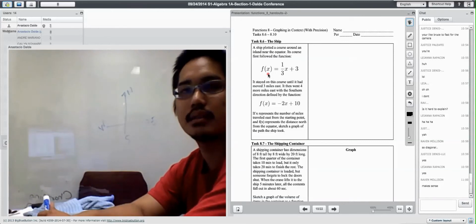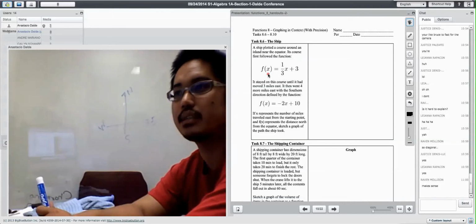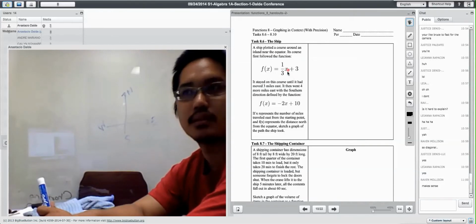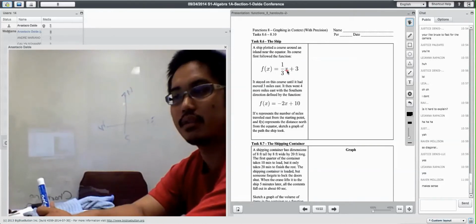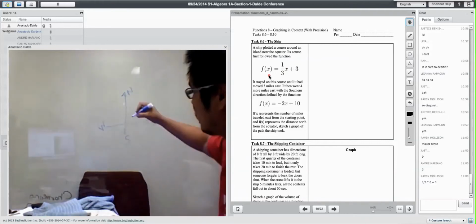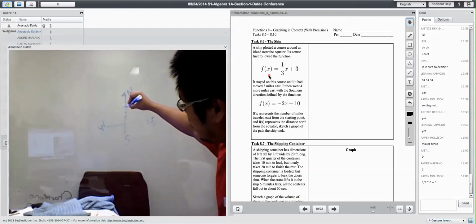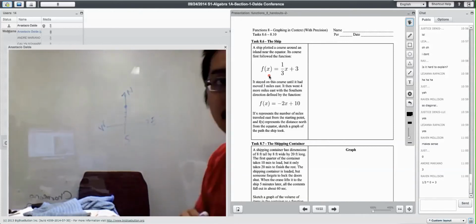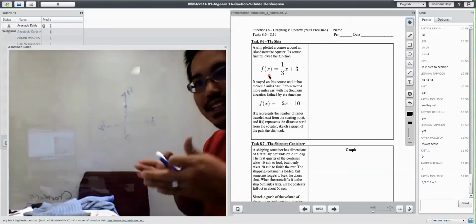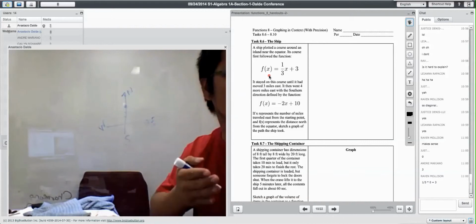At x equals 0, what is f of x? Well, if you plug in a 0 here, you have 0 times a third plus 3. That's 3. So at 0 miles east, it is already 3 miles north. That's where it started.